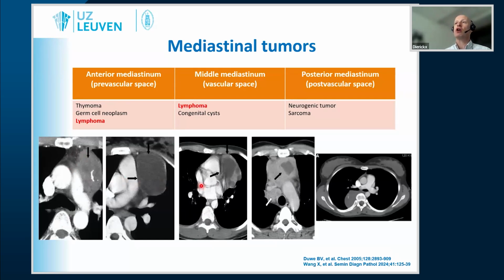So the first 3 are anterior mediastinum masses. So here you see, for example, a thymoma, you see a thymic cyst, and here you see a teratoma, so a germ cell neoplasm. This is a case, of course, we need a biopsy, but I can tell you it was a classical Hodgkin lymphoma, and here you see a ganglioneuroma.